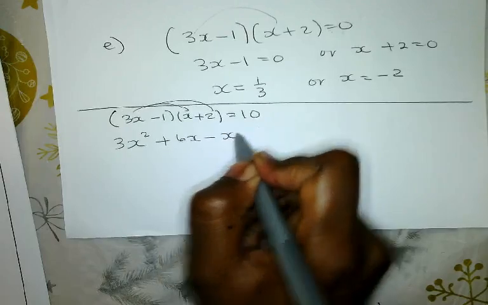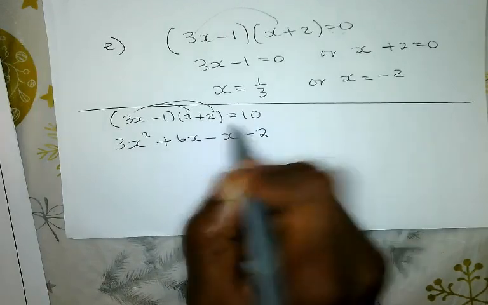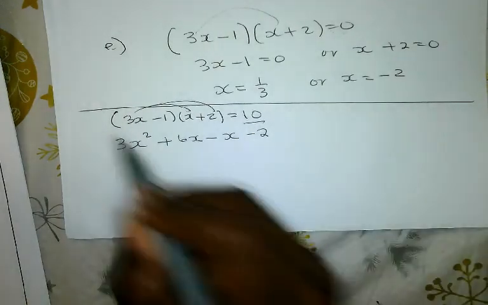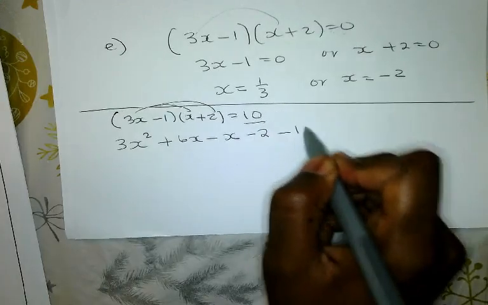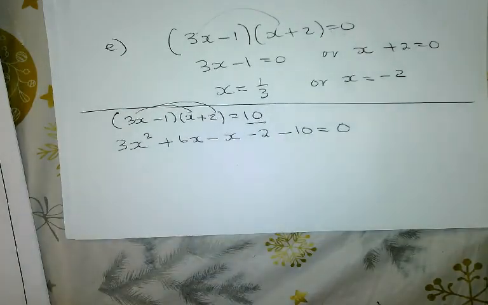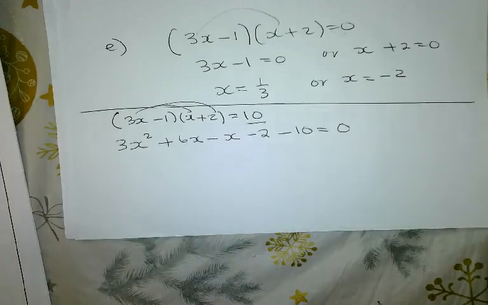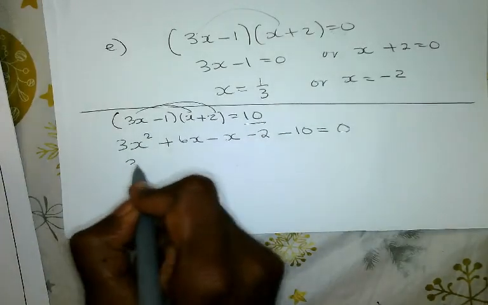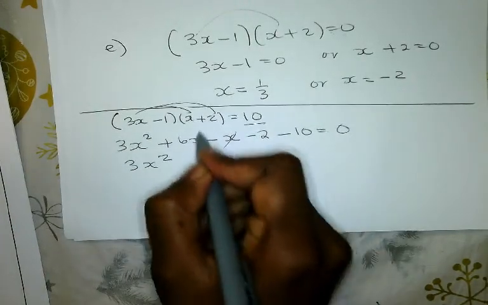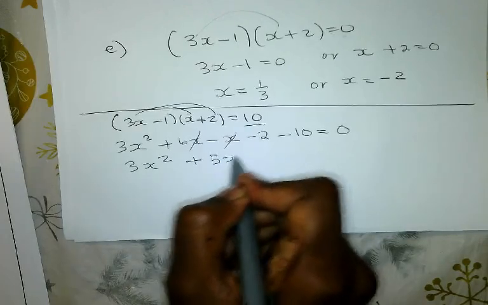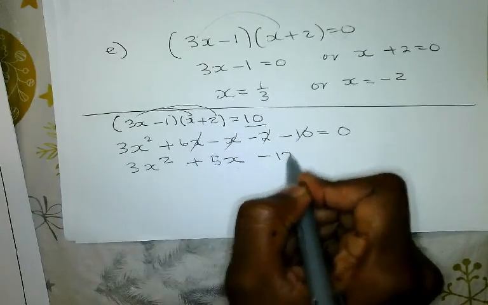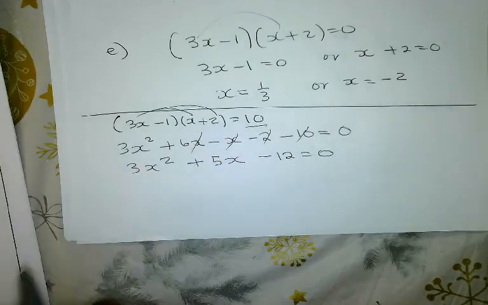Can I take the 10 over to this side? It's a positive, it goes that side, becomes a negative, so that I have everything equal to 0. Then I'm going to add the like terms. This and this becomes a positive 5x. This and this becomes a 12. And then I have to now factorize.